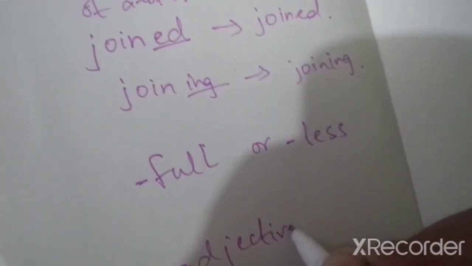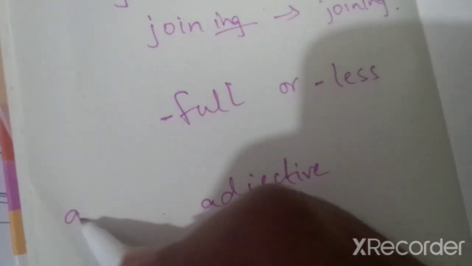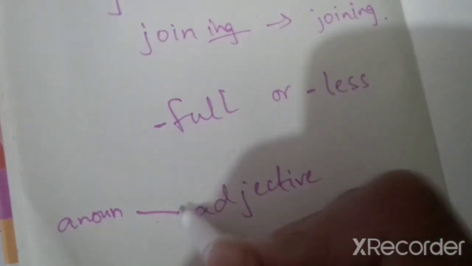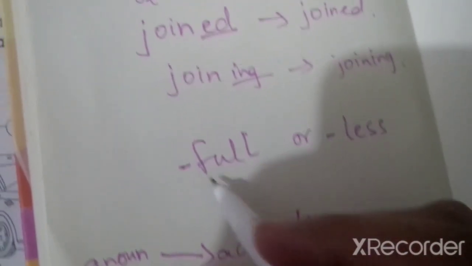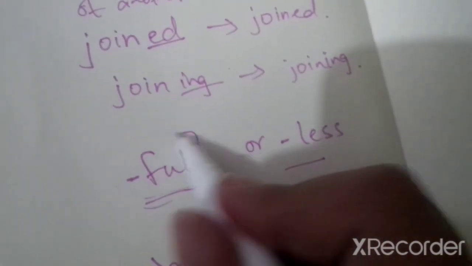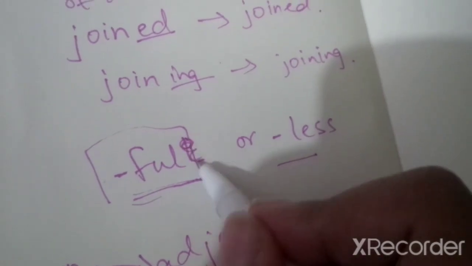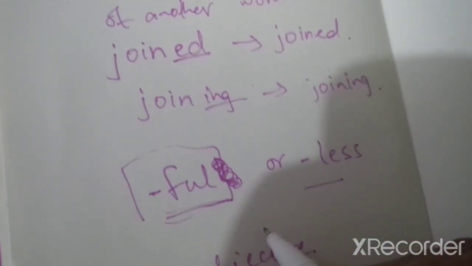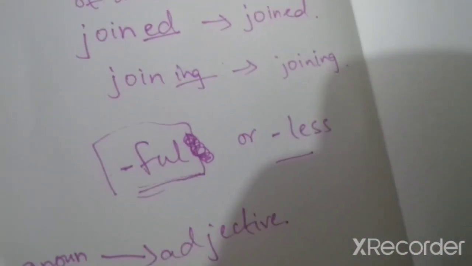So basically we'll be changing a noun to an adjective by adding full or less. Whenever we add full, we have to get rid of one L in full when we have added it to the word.